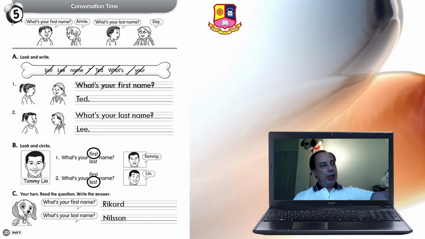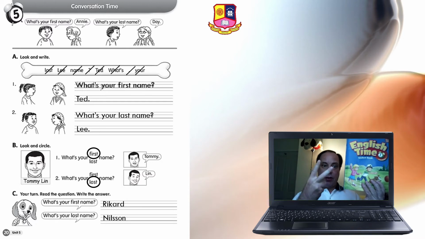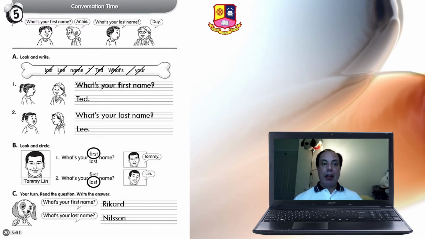After you check, take out your student book, open your student book on page 22. After you checked everything, open your student book on page 22. Thank you.